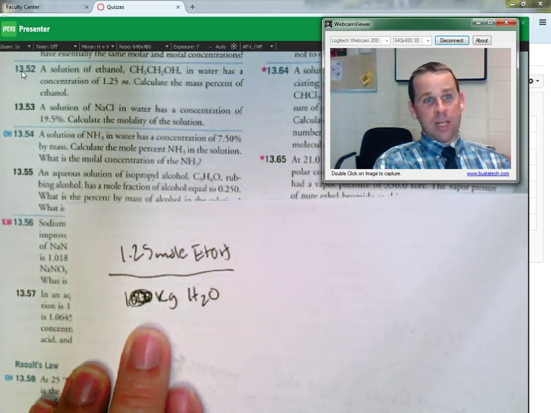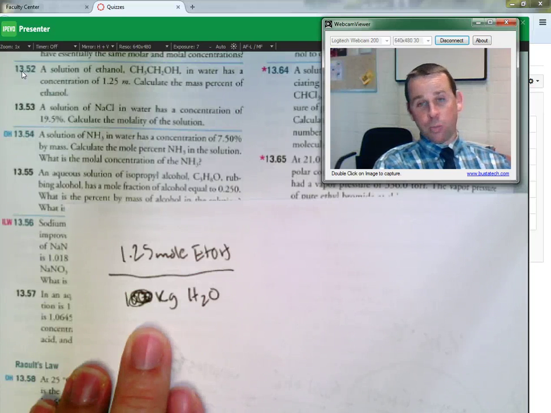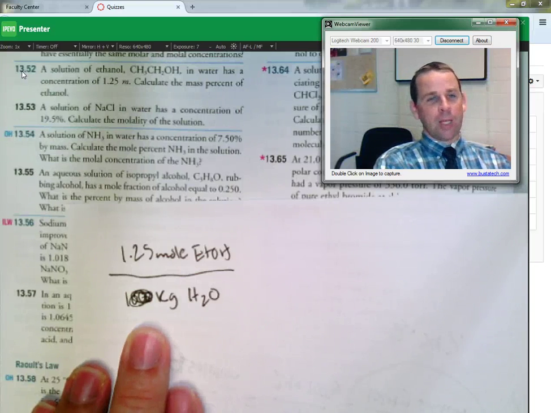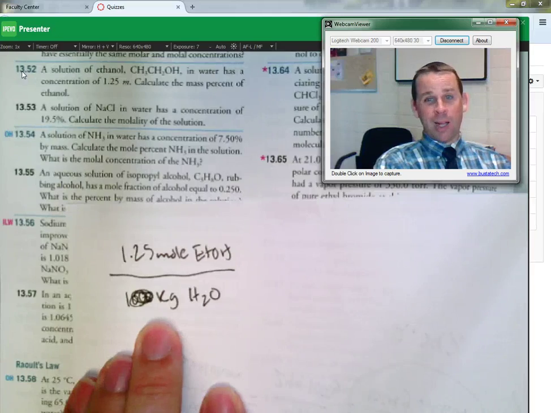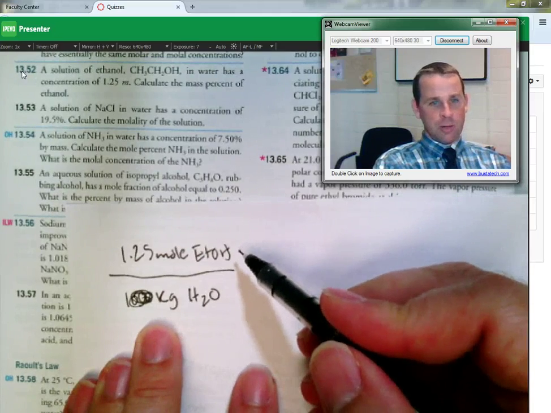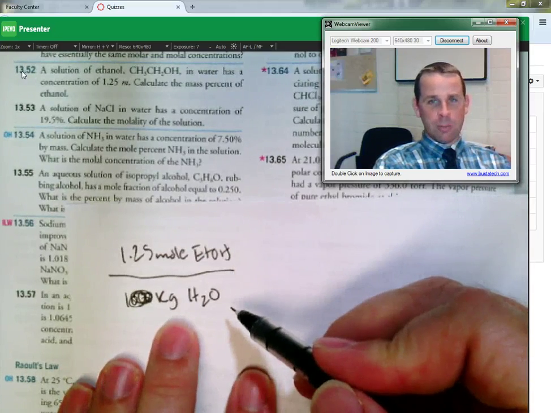Now, it said ethanol is in water, so that's how we knew that water was the solvent and ethanol is the solute, right? And 1.25 molal means, again, 1.25 moles of ethanol for every kilogram of solvent, which is a kilogram of water in this case.